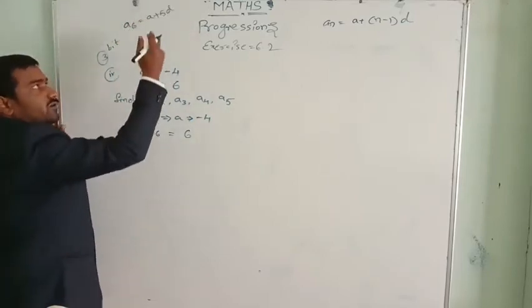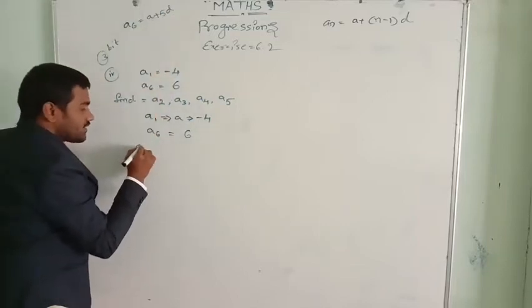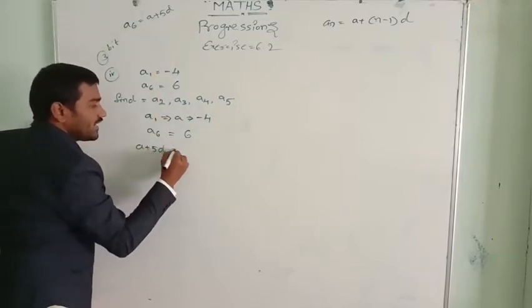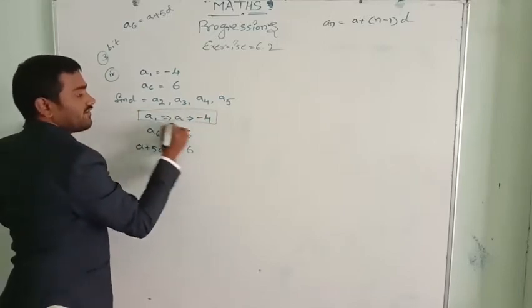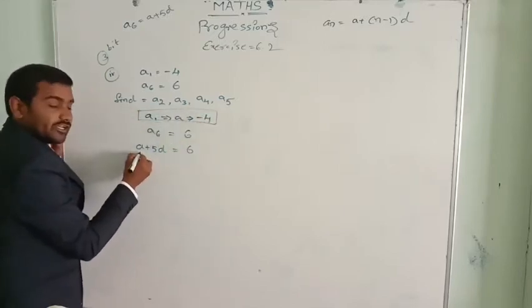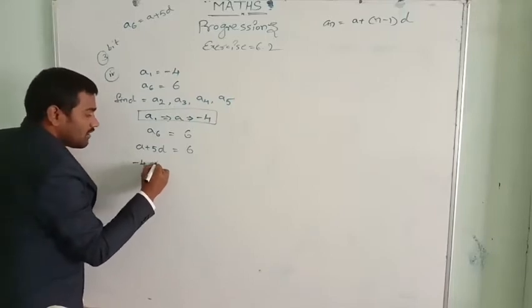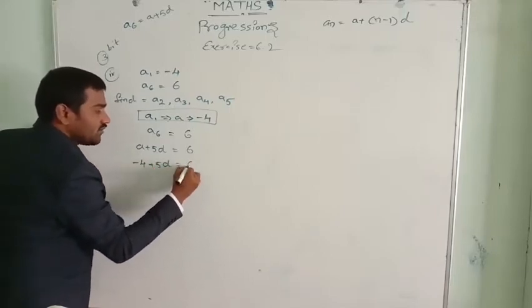So A plus 5D equals 6. Here we have the A value, that is minus 4. Let us substitute: minus 4 plus 5 into D equals 6.